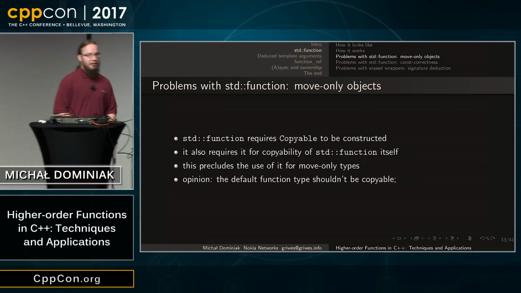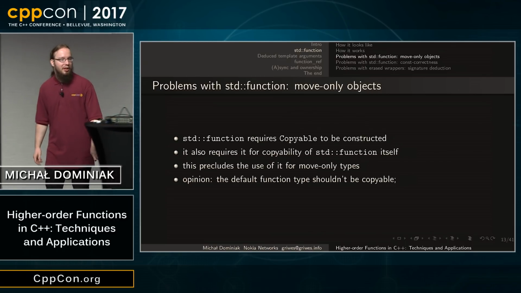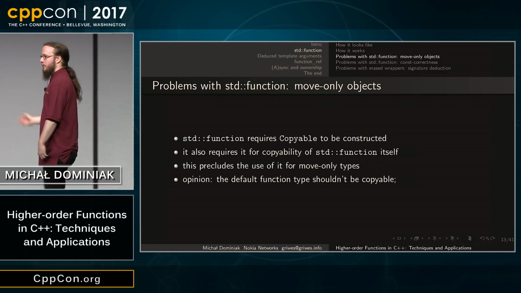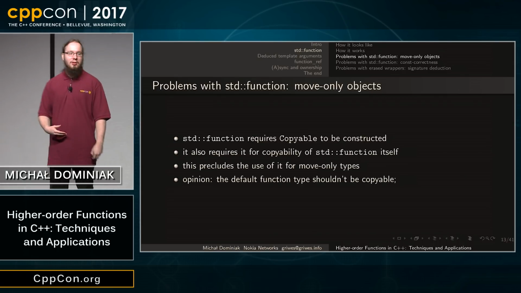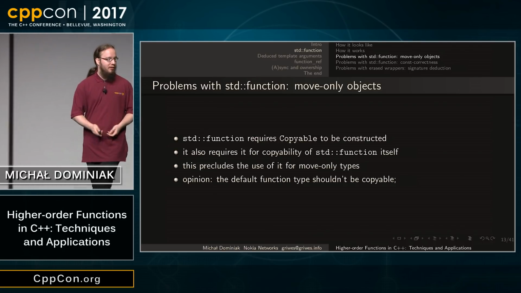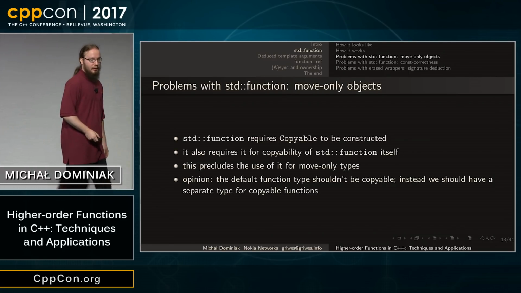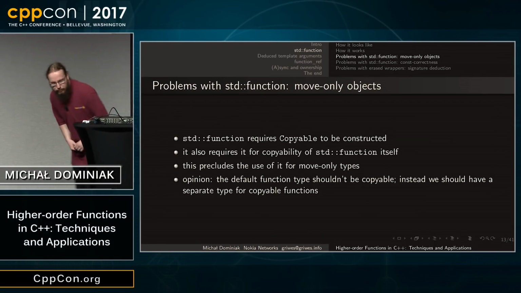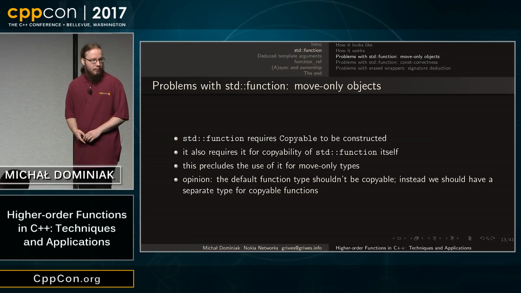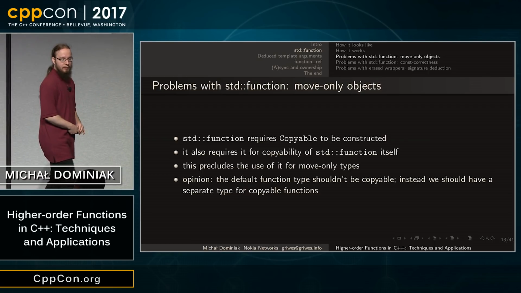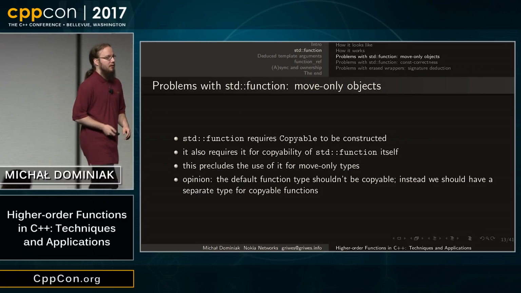My opinion here is that standard function shouldn't be copyable, and we should have something else that actually is copyable. This ship has unfortunately sailed. I have the paper mentioned later. All right. There's actually a paper that helps with this.